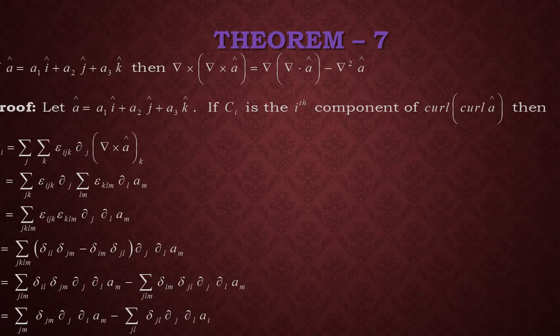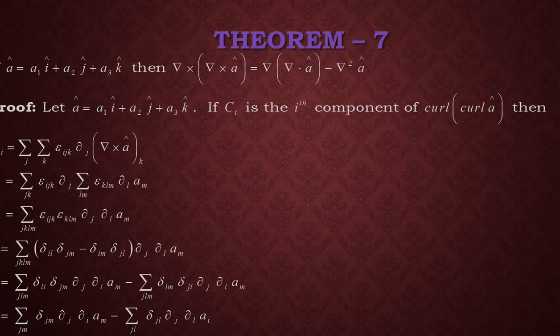Here, throughout this expression, we don't have the index k, so we can leave the index k under the summation. So we obtain C_i equals summation over j, l, m of (delta_il delta_jm minus delta_im delta_jl) times ∂_j ∂_l a_m.